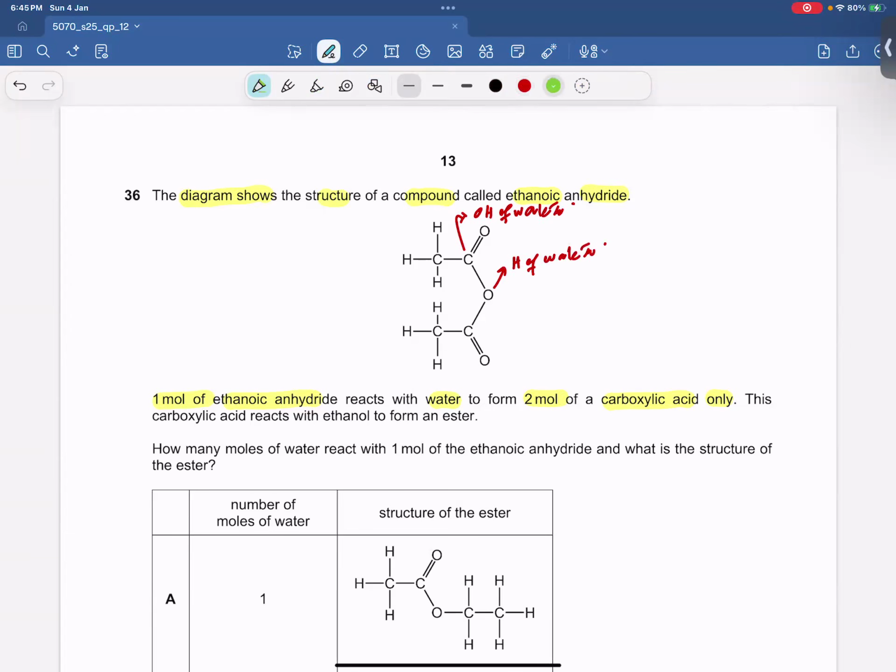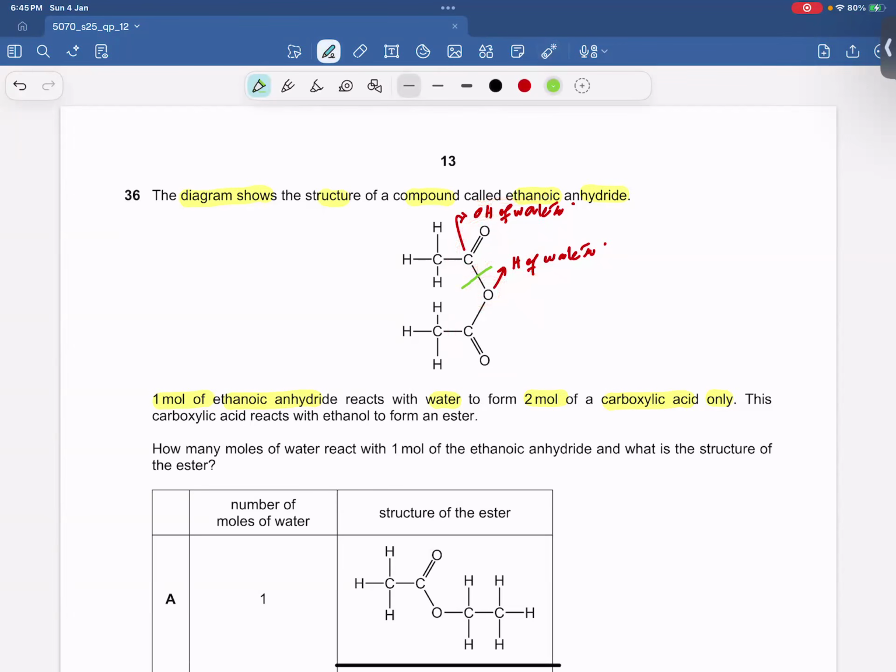That means I'm going to break this bond. Technically, in this molecule we have two ester functional groups. So this is called hydrolysis of ester. In hydrolysis of ester, the CO will get the OH of water and turn to COOH, and the oxygen will get the hydrogen of water and turn to OH.